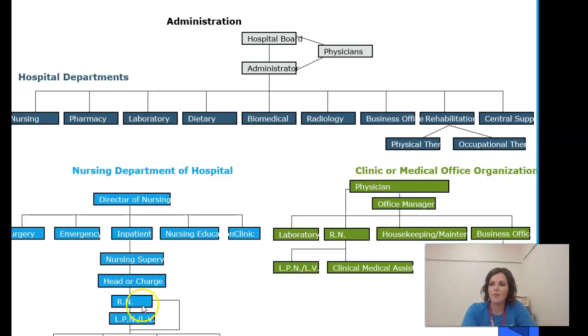You would first talk to that other registered nurse, and then maybe go to the head or charge nurse and the nursing supervisor, and so on and so forth. It all depends on what facility you're working in. Clinics might look a little bit different. Every hospital is a little bit different, but wherever you're working, you need to know where you fall in that chain of command.